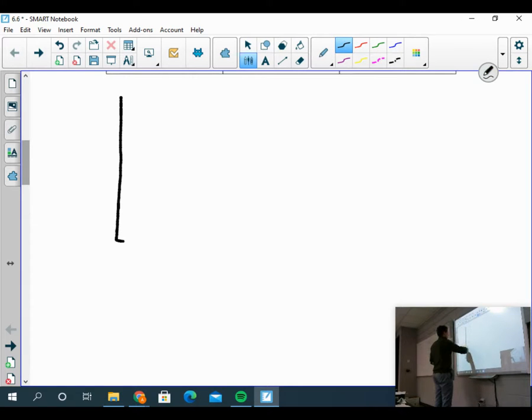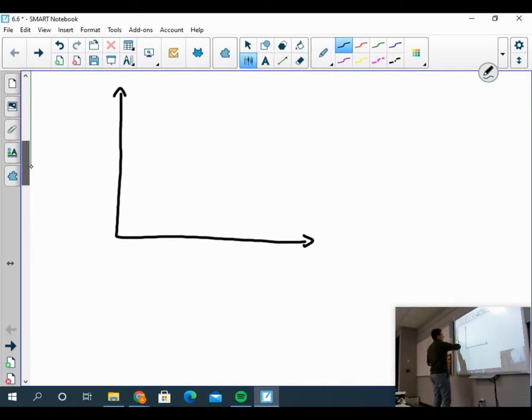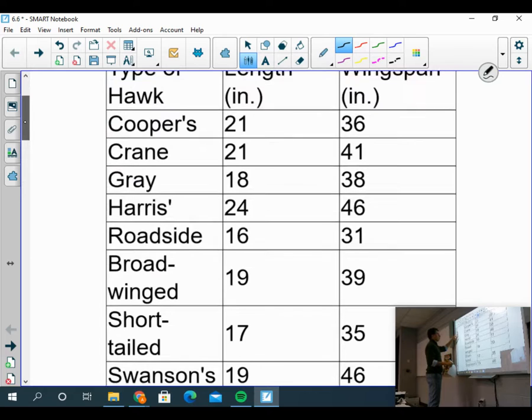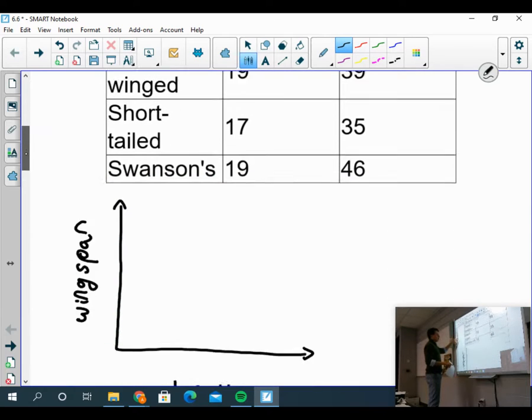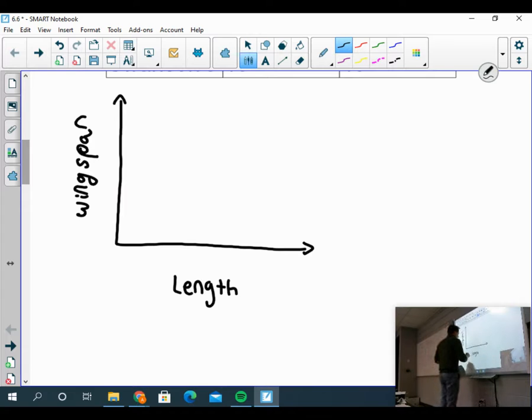So my scatter plot is going to start like any other graph. I'm going to have my x and my y axes. I'm going to have length on the x-axis and the wingspan on my y-axis. And I'm going to come up with a scale. Probably go up by 5s maybe.